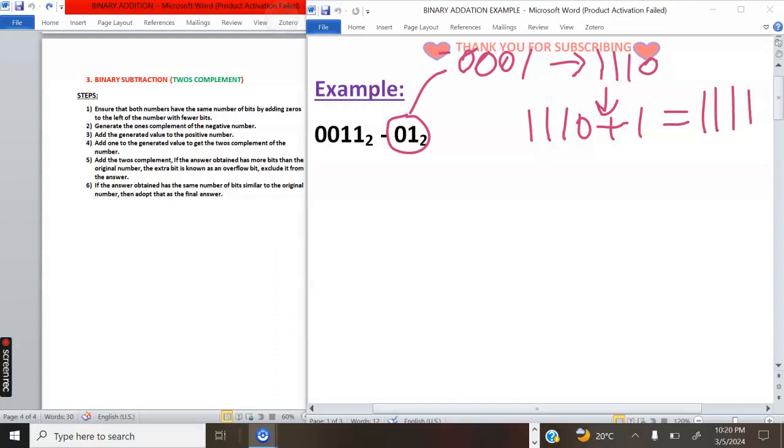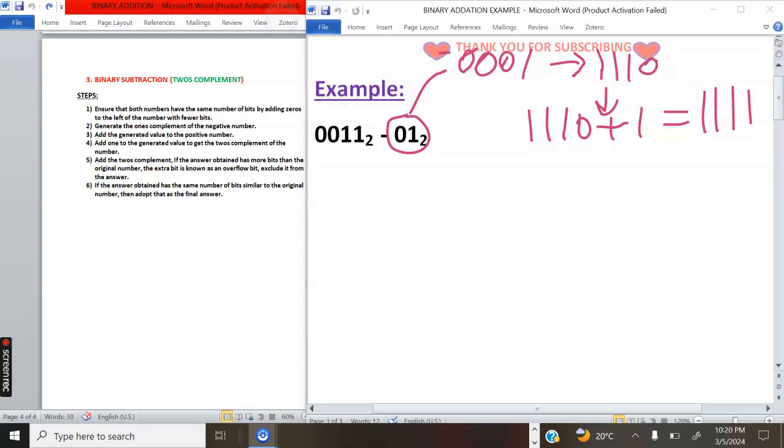Now we are at step number 3. So we have added, no, sorry for that, we have added 1 to the generated value. Okay, let's move to the next part.